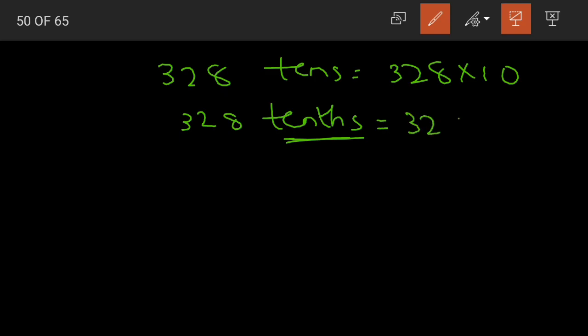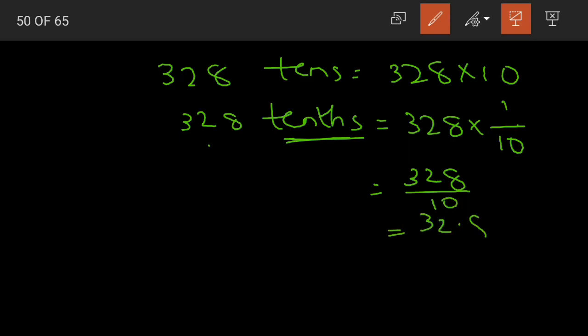Tenths means our 1 by 10, children. The 1 by 10 is the place value that we get for the first decimal place to the right side of the decimal point. Yes, so when we multiply these two, we'll have 328 divided by 10. It is nothing but 32.8.